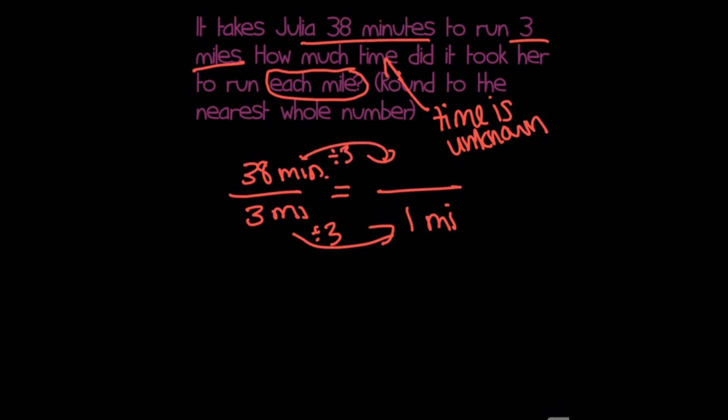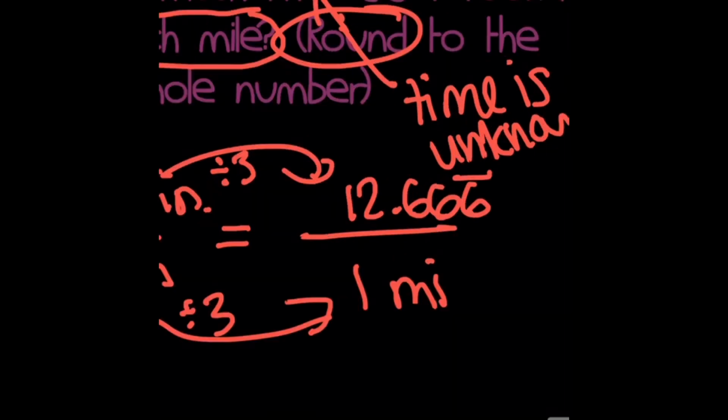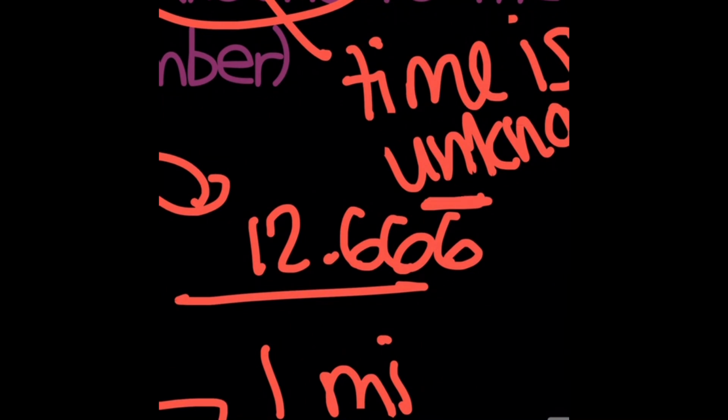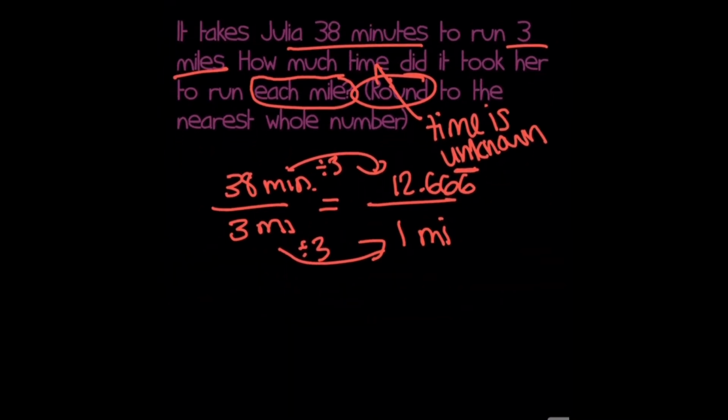However, when I'm dividing 38 by 3, I'm going to get 12.6666667. And here it says to round. So if I really had it, it would be 12.6666, and it continues on and on forever.